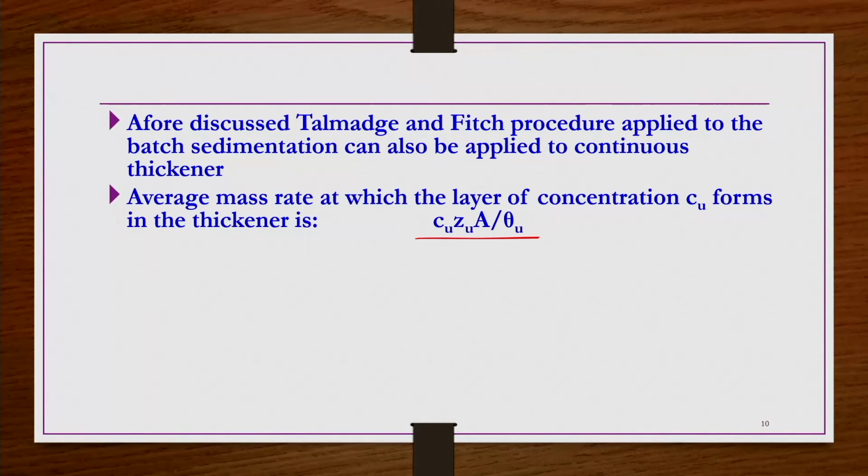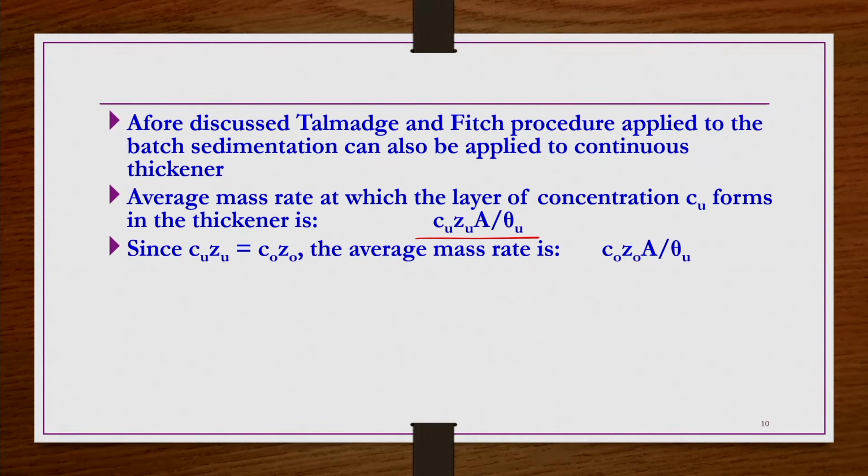Cu is the concentration of solids in the underflow layer, Zu is the corresponding interface height, A is the area, and theta u is the time required to reach that Zu interface height. Then since Cu Zu is equal to C naught Z naught, the same average mass rate we can write as C naught Z naught A by theta u. Why are we doing this?